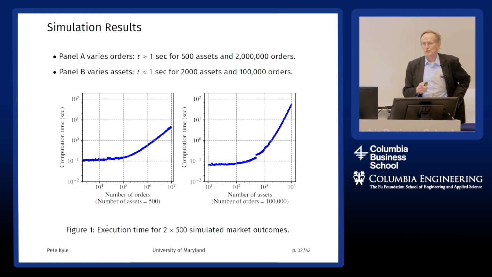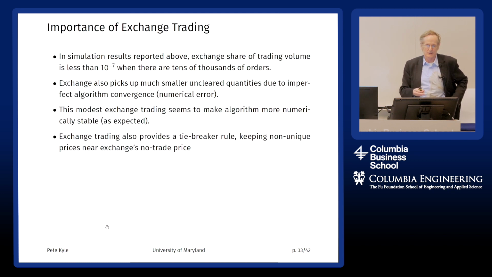The exchange trading that we introduced is at a level so that the exchange participates in about $1 out of every $10 million of trading volume. So this is $1 spread across 500 or 1,000 assets.